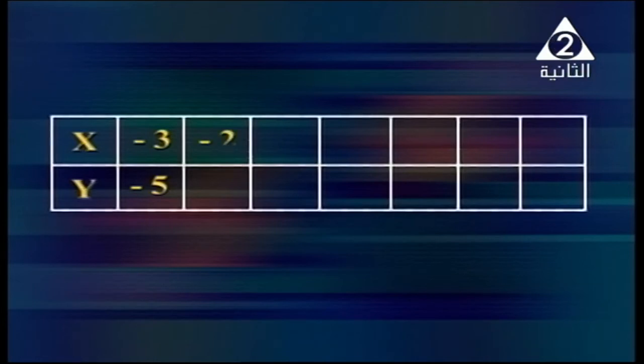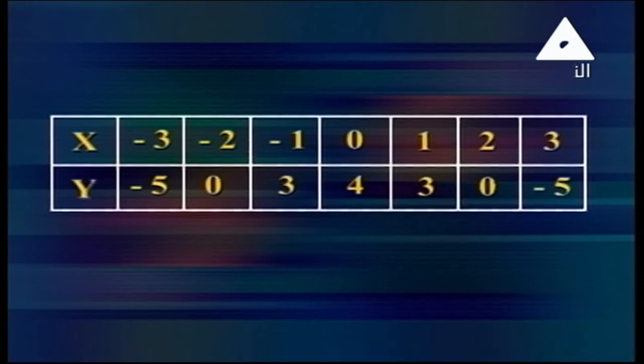When x equals negative 2, y will be 0. When x equals negative 1, by substituting, y will be 3. When x equals 0, y equals 4. When x equals 1, y equals 3. When x equals 2, y equals 0. And finally, when x equals 3, y equals negative 5.